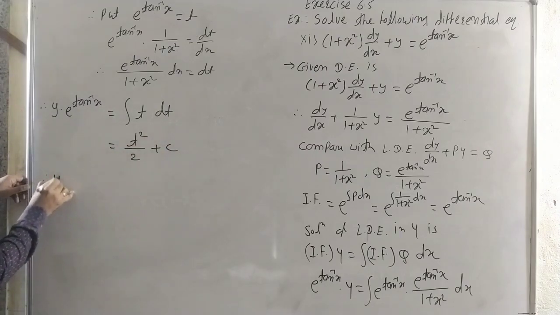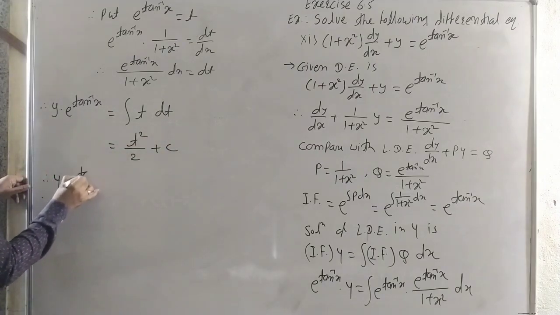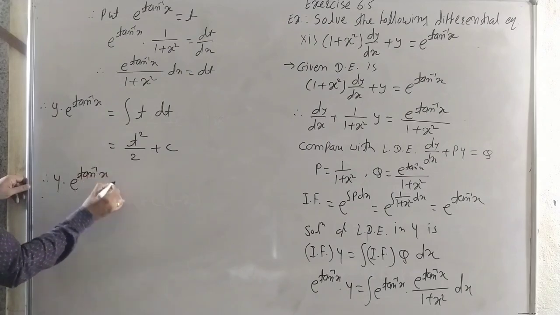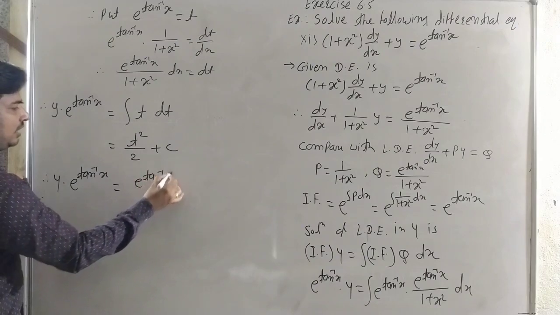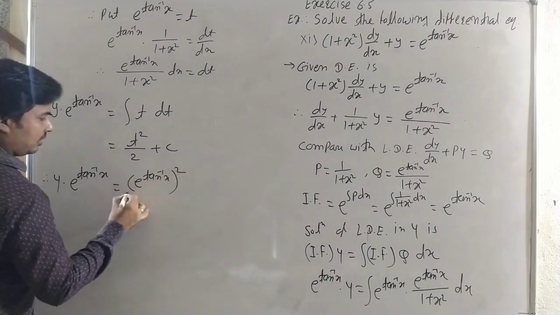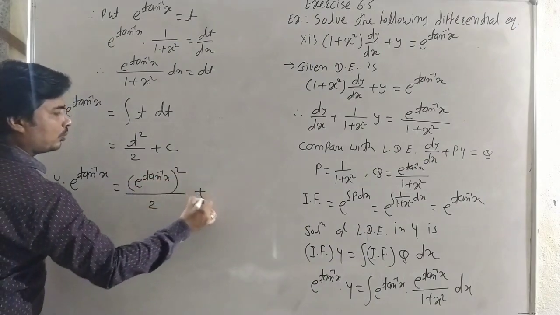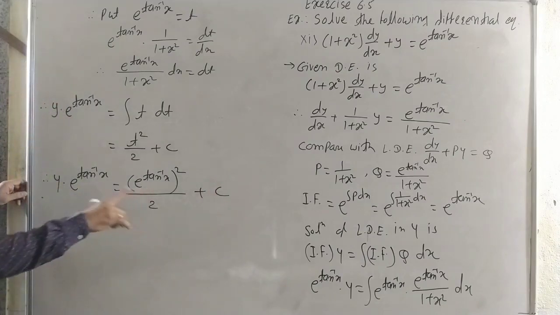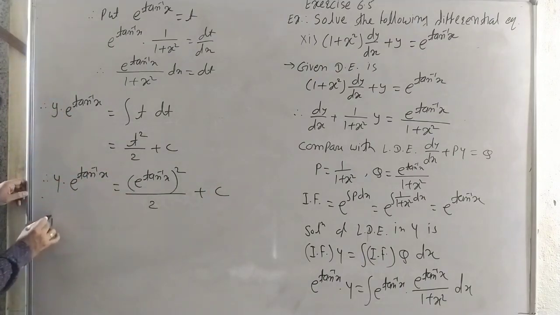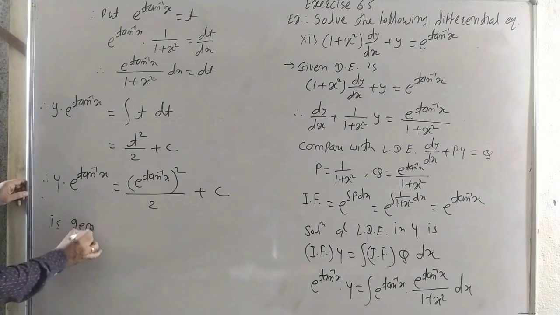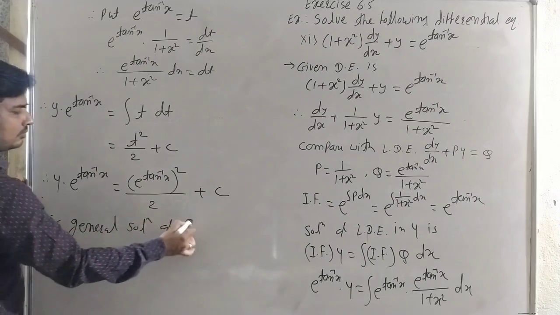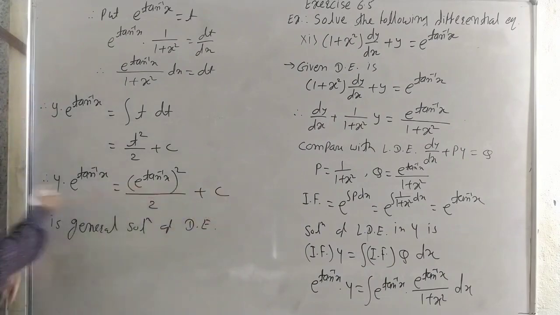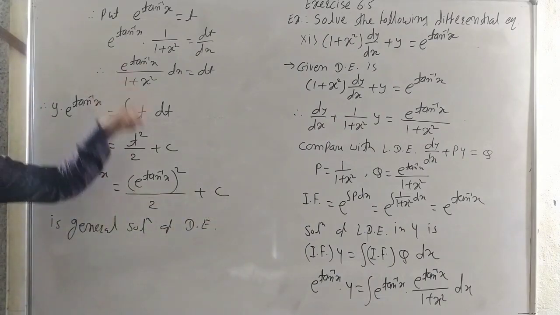And then the last answer, y into e to the power tan inverse x is equal to e to the power tan inverse x whole square upon 2 plus c. Here is the general solution of differential equation. See carefully this.